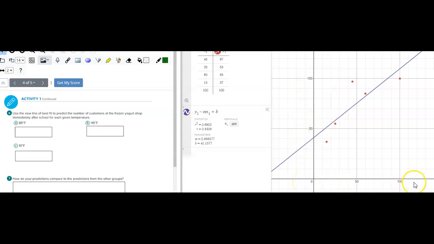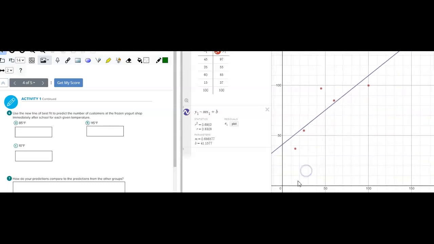So our x's are going to be the degrees down here, and our y's are going to be the number of customers.